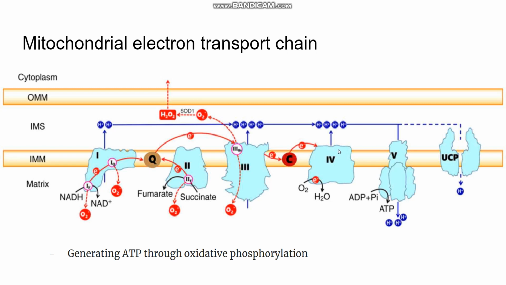And so what will happen is, remember that in the Krebs cycle, the final products are FADH2 and NADH, right? And these carry loads of electrons, and these will take electrons and move them to the protein complexes.